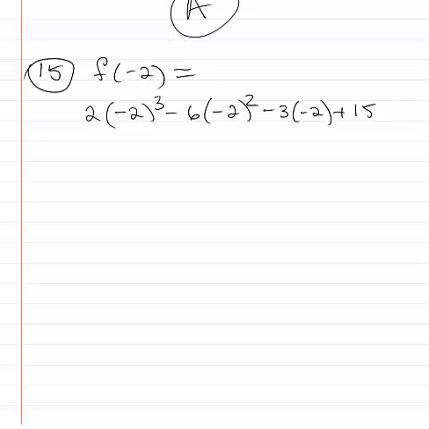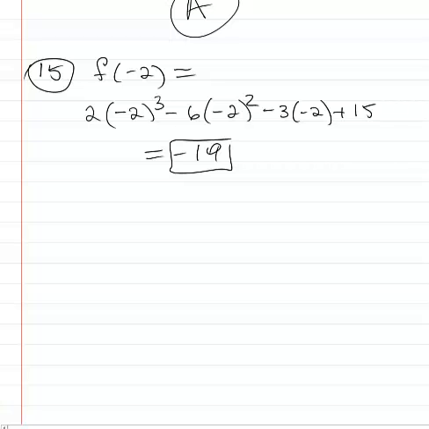I'm going to just put it all in a calculator the way I see it, and my calculator will give me the answer. I get negative 19. I'm done. Well, this is not using the factor theorem, but that gives us the result.